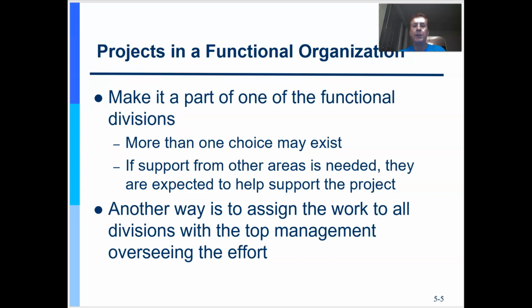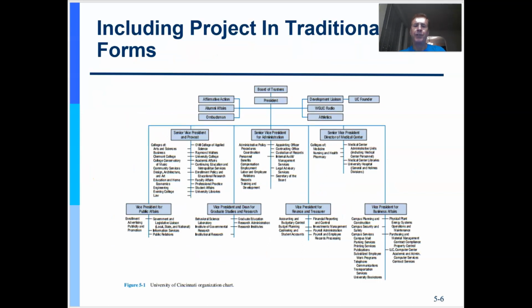And so it's a way to assign work and tasks. The neat thing about a functional organization is this is where your expertise resides. The functional manager owns the experts, right? And so this is a good graph of various functions. You can see the stovepipes up and down.